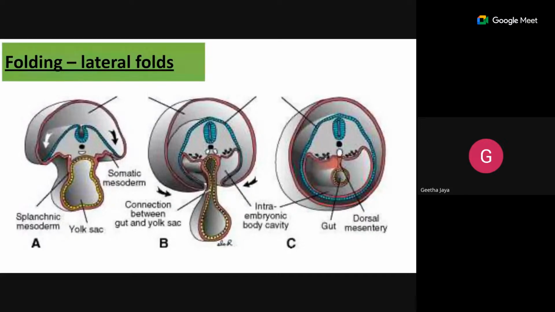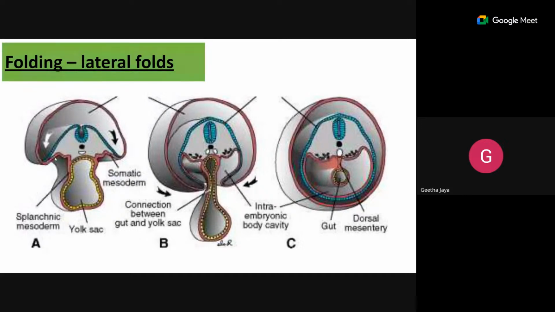So once more, this is splanchnopleuric mesoderm. This is the gut tube. This is splanchnopleuric mesoderm. So what is happening? The gut tube is hanging from the dorsal wall of the embryo by the dorsal mesentery, which is splanchnopleuric mesoderm.